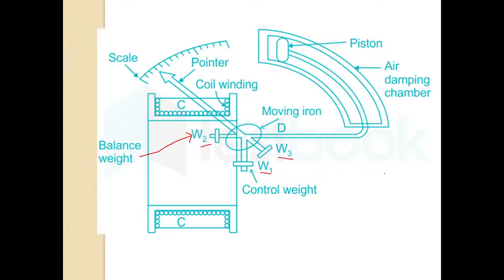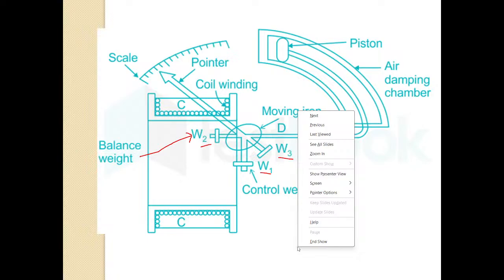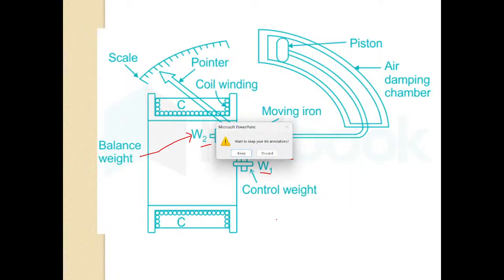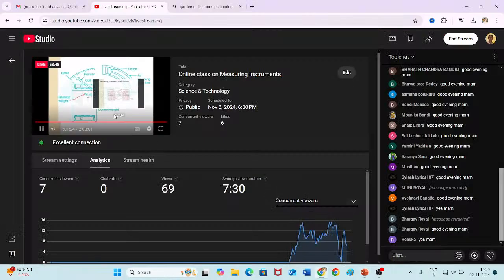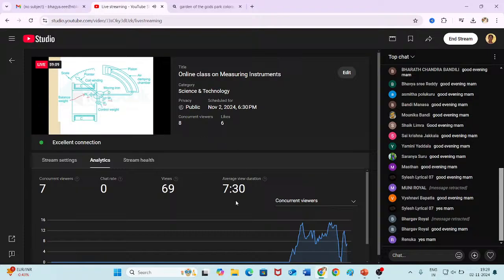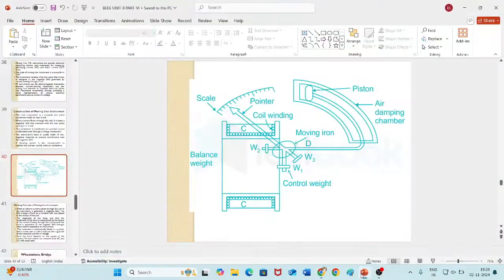These are the counterweights which try to control the movement of the pointer, in order to get an accurate reading. Just draw this diagram as quickly as possible.